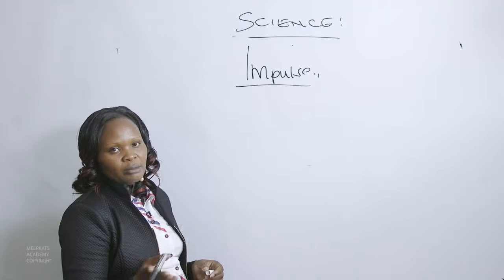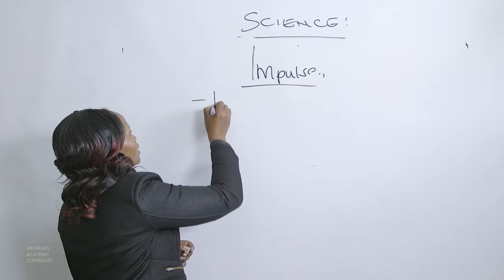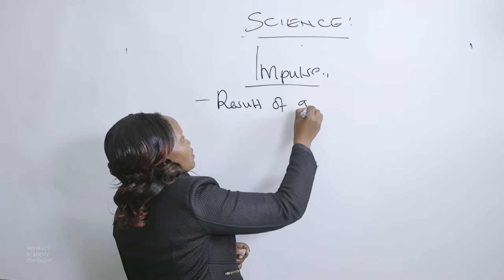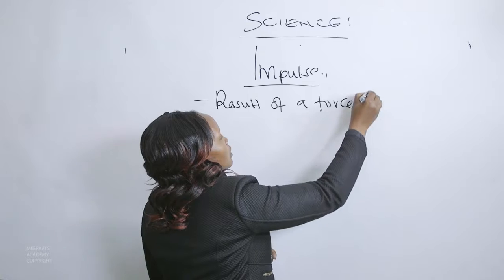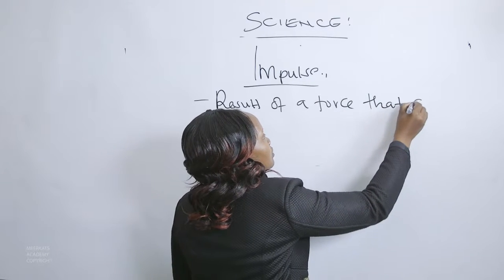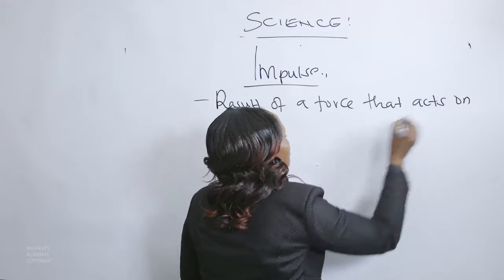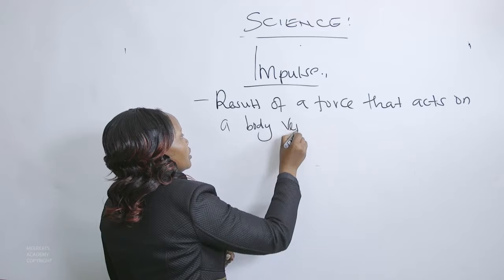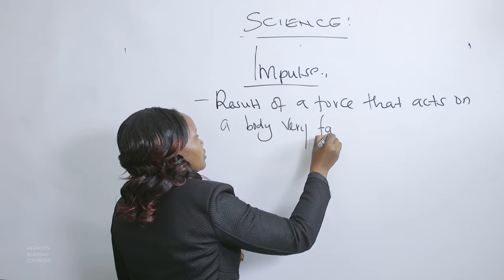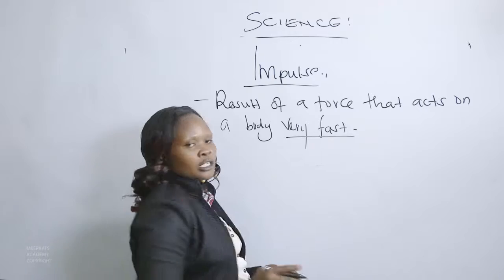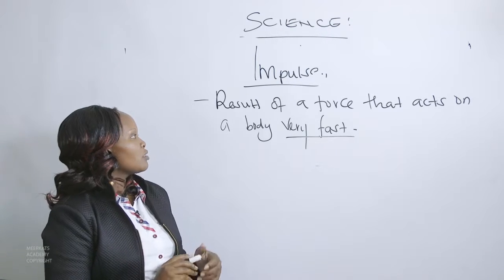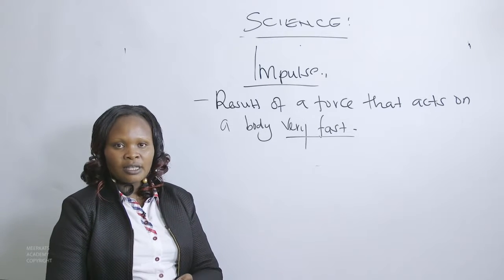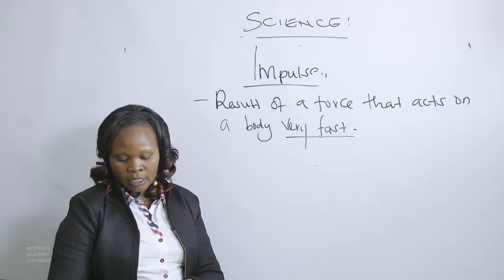So if we could start by defining this, we could say it's the result of a force that acts on a body very fast. The force acts really fast on an object, and the result thereof is therefore realized equally fast.